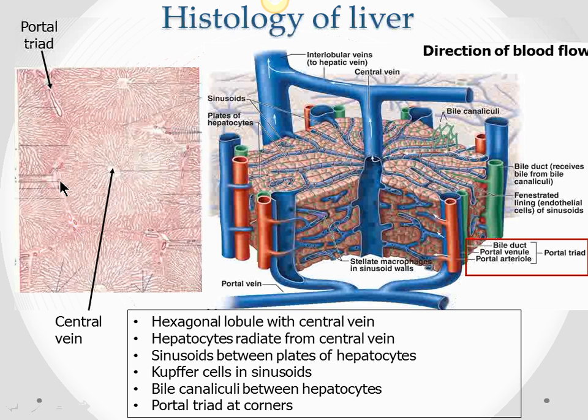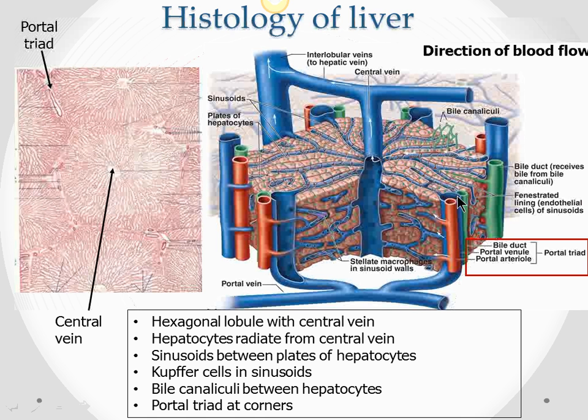At all the corners of this hexagon, you have certain important structures present, and I'll come to that. Those structures are known as the portal triad. So you can see at each of the corners you have these three structures known as the portal triad. Radiating from the central vein, you get these little plates of cells which are going towards the edges.